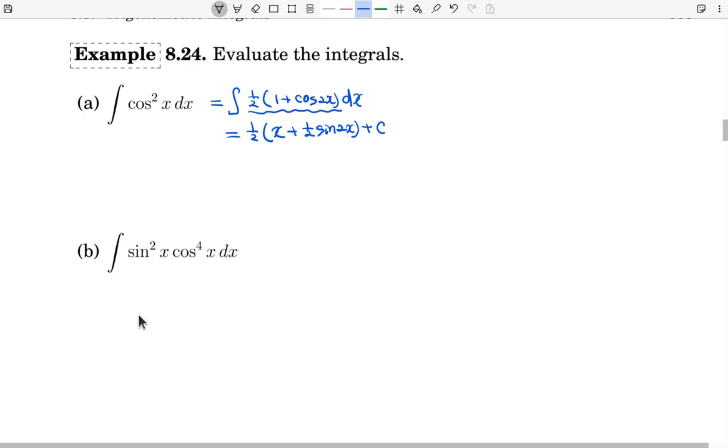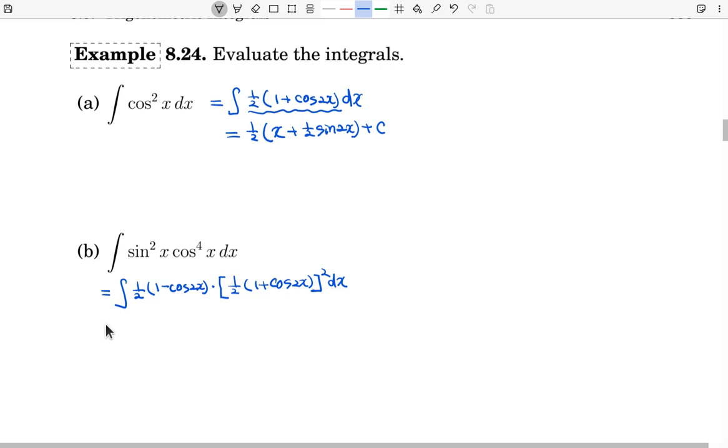Okay, now we'll go to this problem, sine squared cosine fourth power. For that one, let's write it this way. Sine squared will be half of 1 minus cosine 2x, right? And for this one, cosine squared squared, so that cosine squared is half of 1 plus cosine 2x, squared, dx, right?